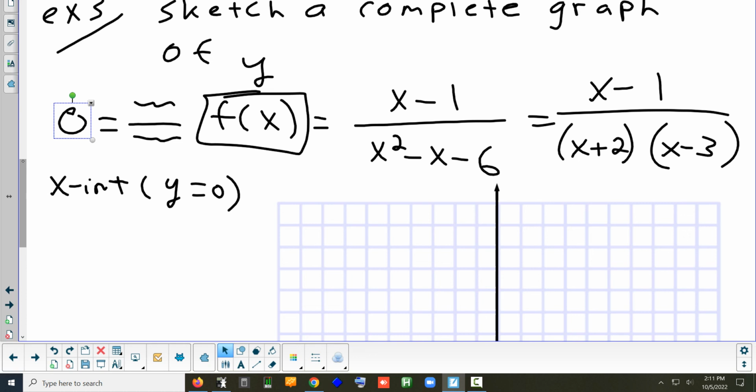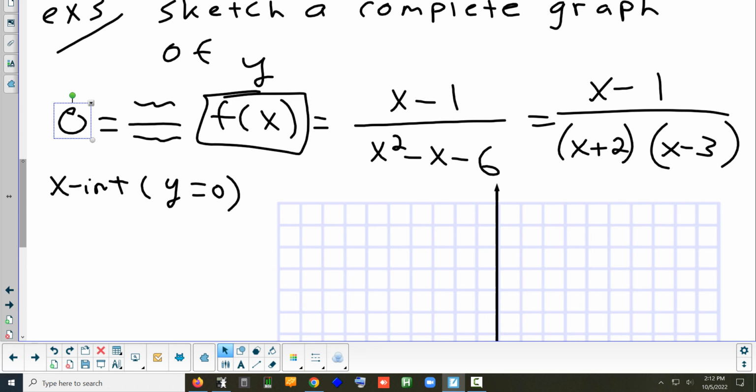No, if you divide by 0, it's undefined. What can you do for division that always comes out to 0? Yep. And the top equals 0.